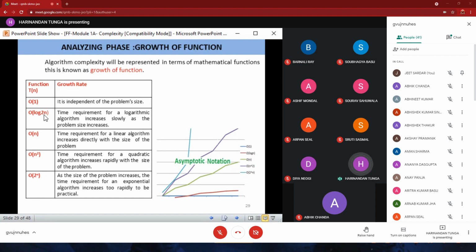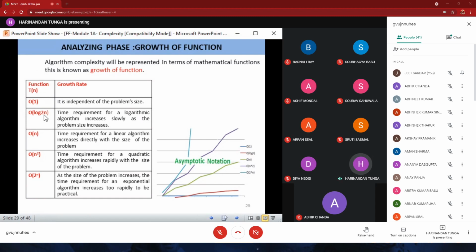That is the linear increase. And for order of n square, the quadratic algorithm increases rapidly with the size of the problem.